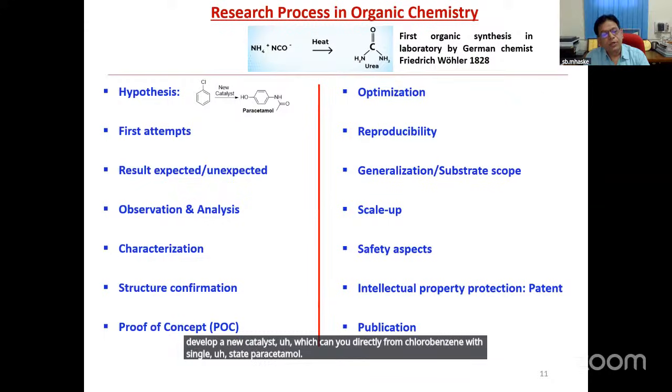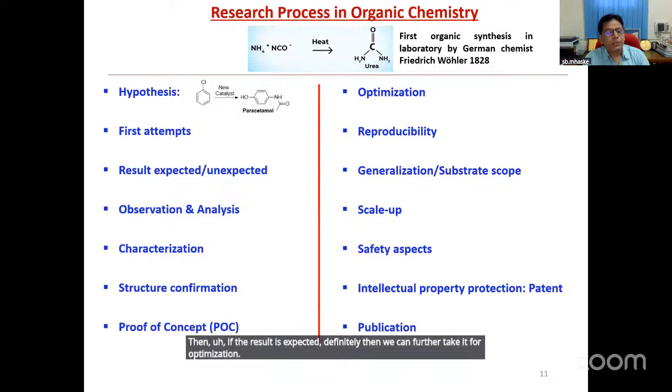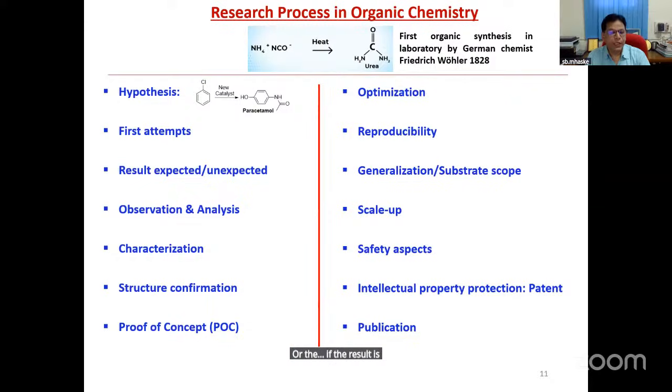With this hypothesis, we plan some reaction, and in the first few attempts, whatever result we get, we analyze well. If the result is expected, then we can take it further for optimization. Or if the result is unexpected, we can analyze and see what is giving this different result than expected.